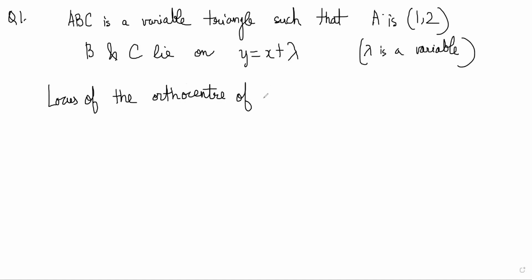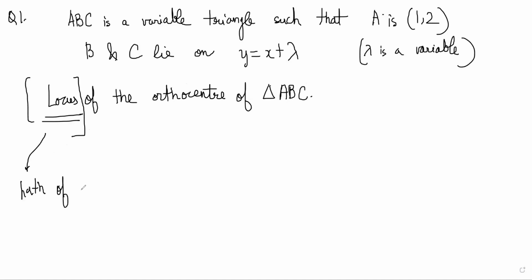triangle ABC. Here, I don't know if you know the meaning of the word locus. Do you know locus, what it means? Yeah, it's like path. Path of a point. Basically, what is the condition on x and y, where x and y is a point, random point?